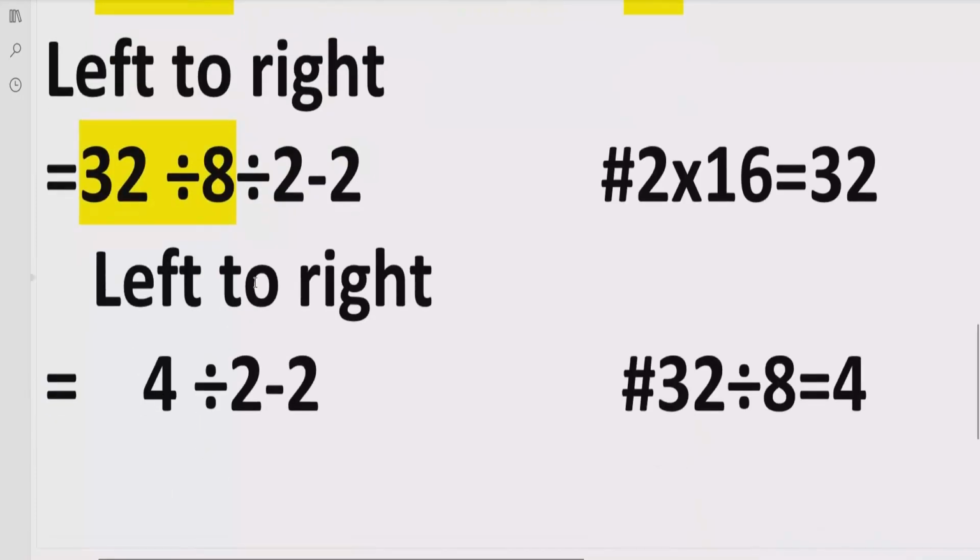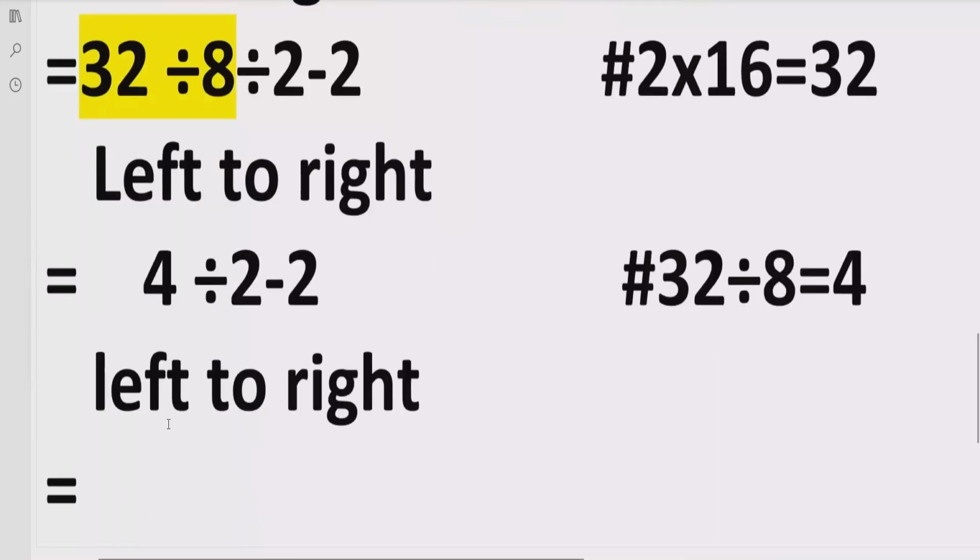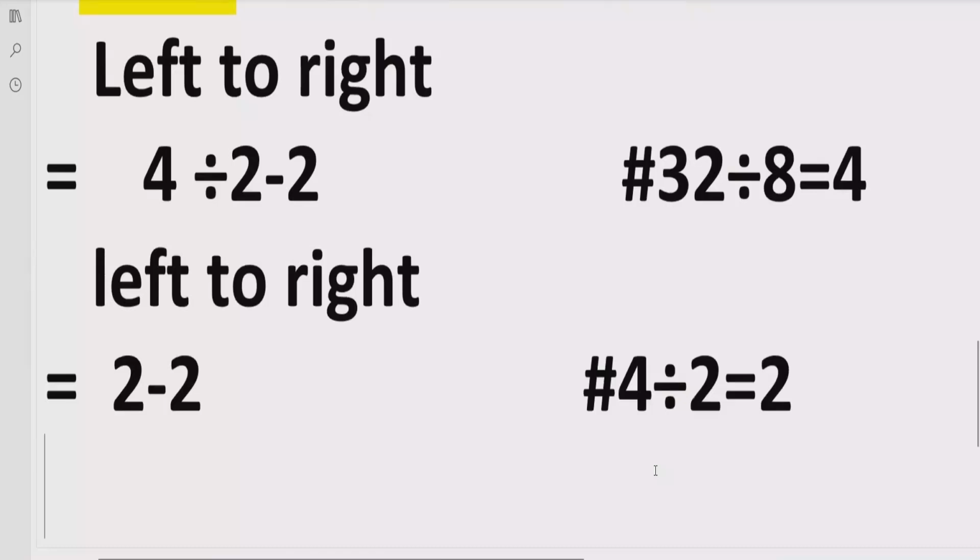Now we have to follow the same rule. We will go left to right in this expression and find out which is coming first. So now we have 4 divided by 2, which is equal to 2, and minus 2 again we have to write as it is. And here we have to give the reference, 4 divided by 2 equals 2.